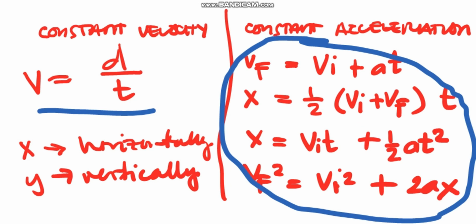But there are also problems where both cases are involved: constant velocity and constant acceleration. So if we encounter problems involving both, then you just have to relate the variables, analyze the problems, and maybe you can equate two variables involving these equations. So you just have to practice more problems in analyzing the situation, the given problem.